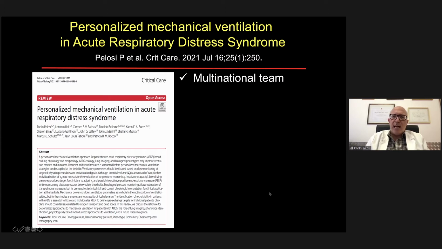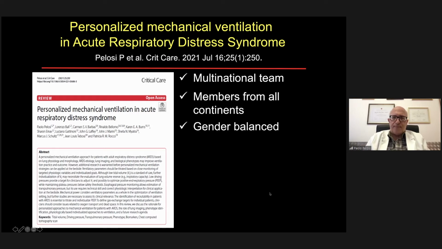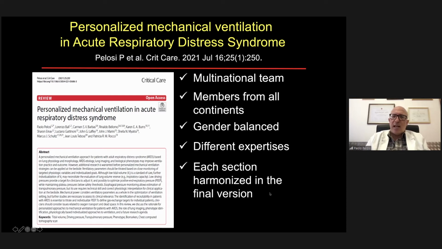This was a multinational team with members from all continents in the world. Further, and I'm very proud of that as chair of the team, it was very well gender balanced. We had different expertise in different fields of problems related to mechanical ventilation in ARDS, and each section was harmonized in a final version.